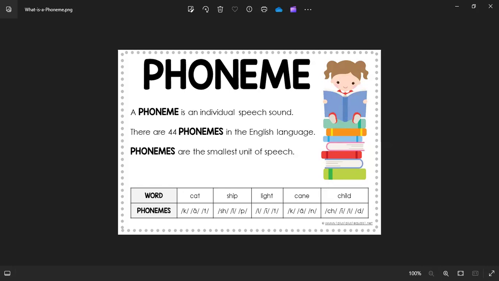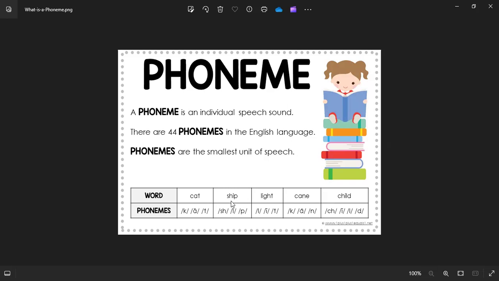For example, cat. Cat is a CVC word, AT family, and when I write it in phoneme form, like saying phonemes in grapheme form, then it is K, A, T. So in place of this K, there can be C also, because C and K both make the sound K. Next is ship.